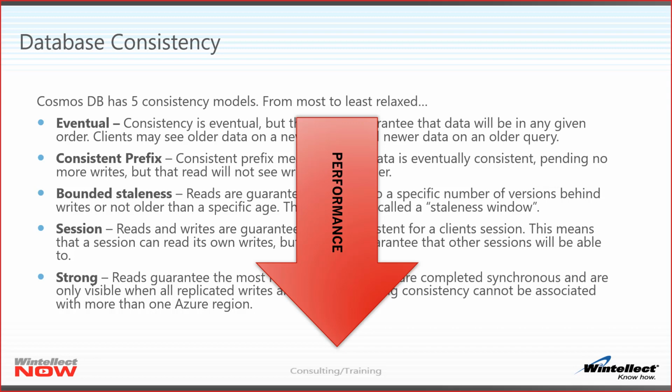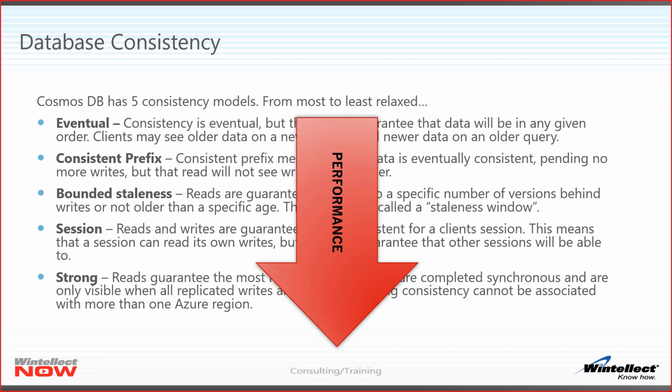And there's a performance trade-off with all of these. With each consistency model you adopt, the stronger the consistency gets, the less performant it becomes. The reason is that with strong consistency, you have to wait for the replication to happen. Same thing with session. And if you have to wait for replication to happen, then there is a performance trade-off.